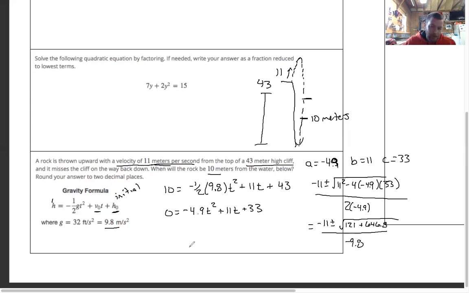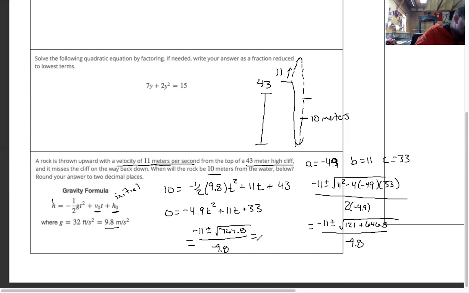Keep doing the math. It's equal to -11 plus or minus radical 121 plus 646.8, which is 767.8, all divided by -9.8.